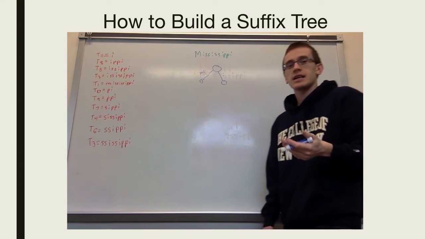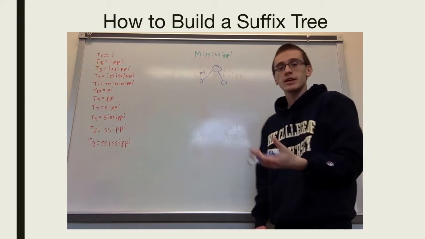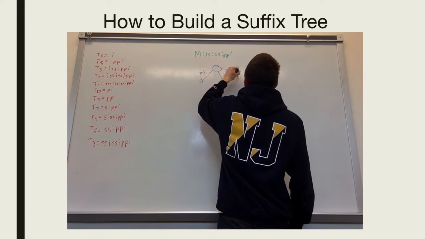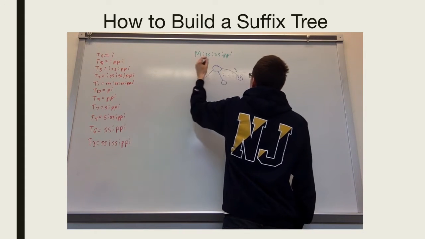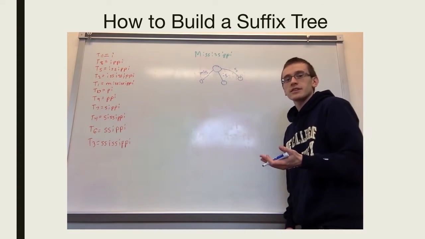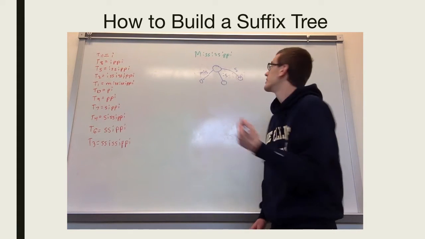The next letter that we have is S, so we can add it to both MI, I, and we can make it its own leaf. The next letter is going to be an S. Since we already have an S, all we have to do is add it to the tree.